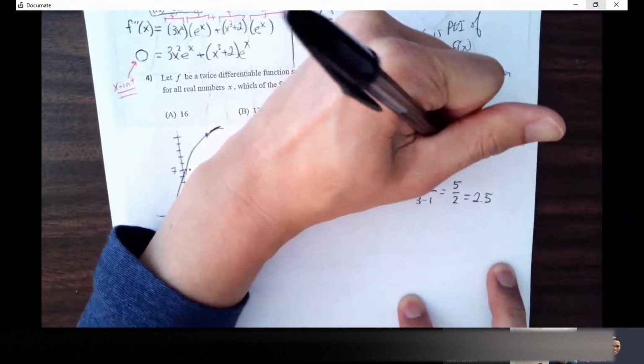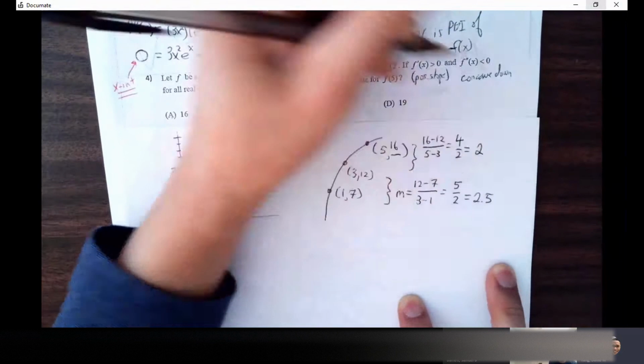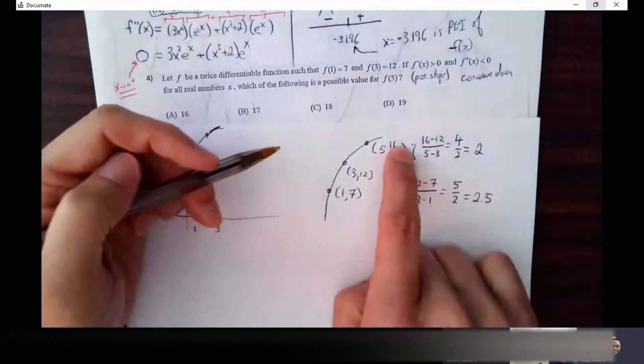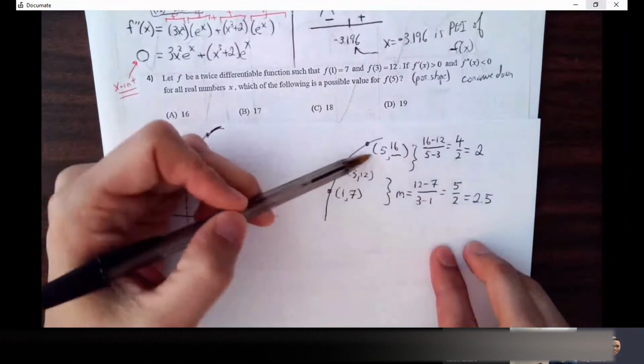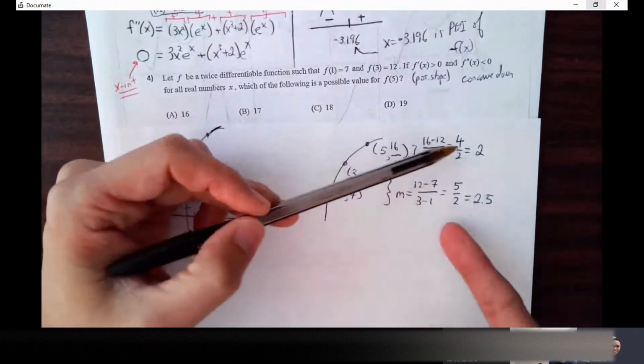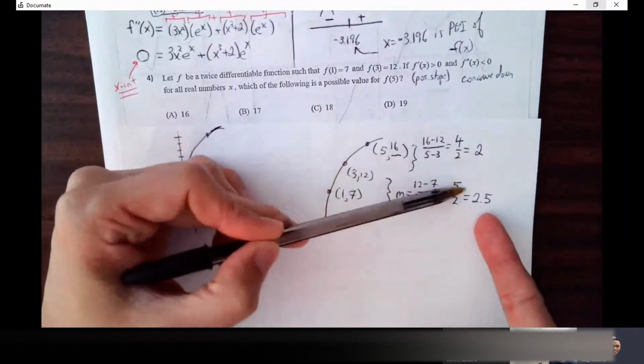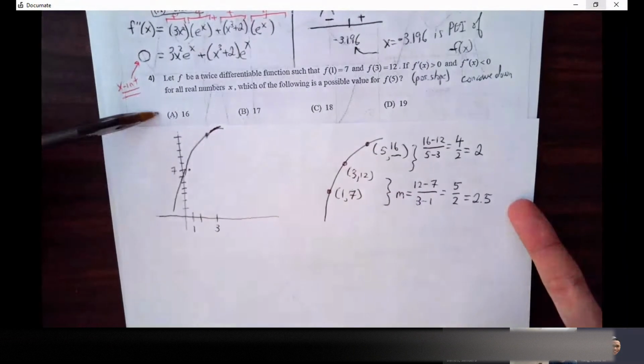So 4 over 2, that's equal to 2, and that's consistent. These two order pairs produce a positive slope that we want, but also a slope that's less than 2.5. So this should be the answer, right?